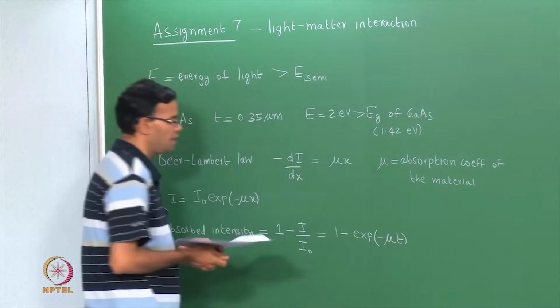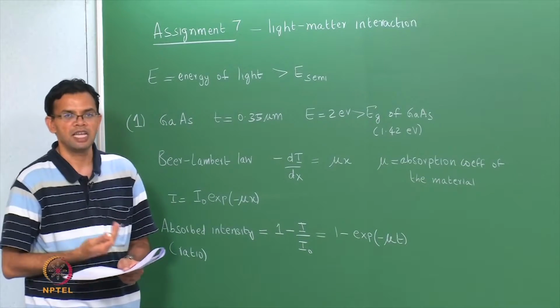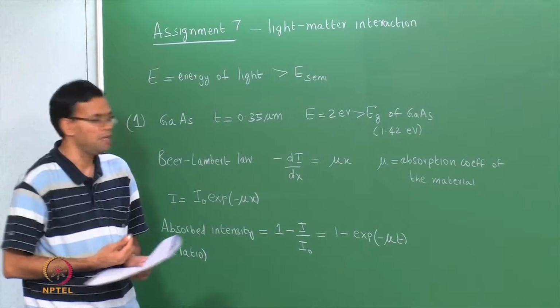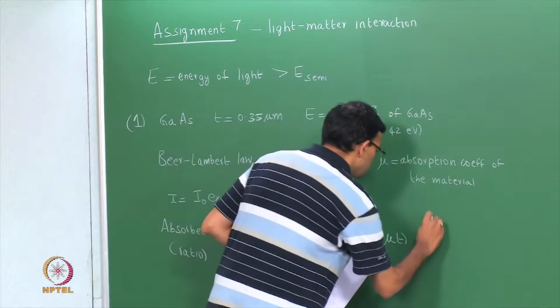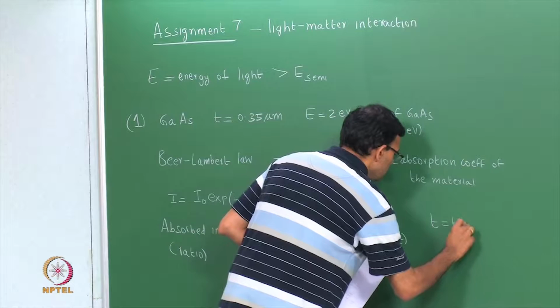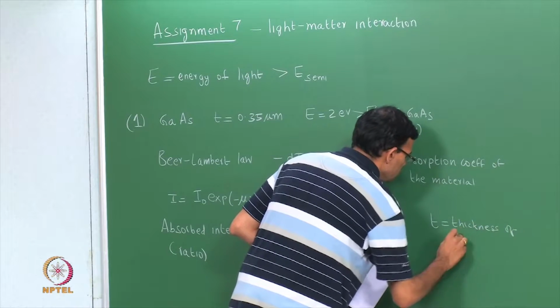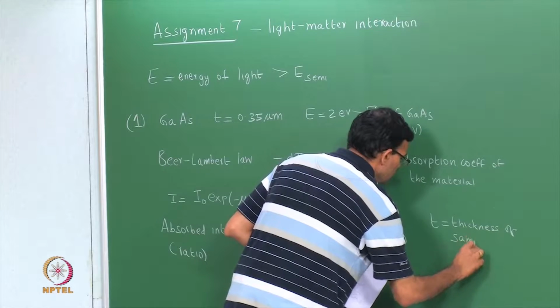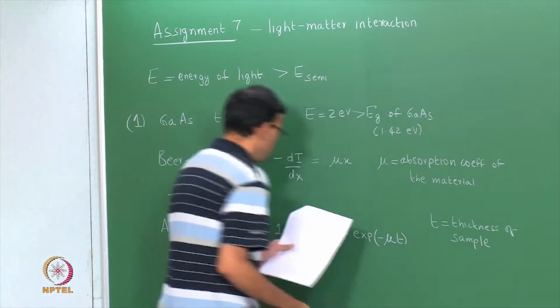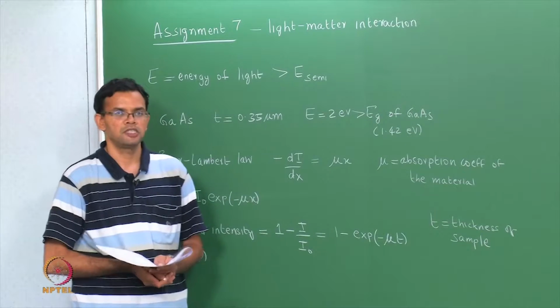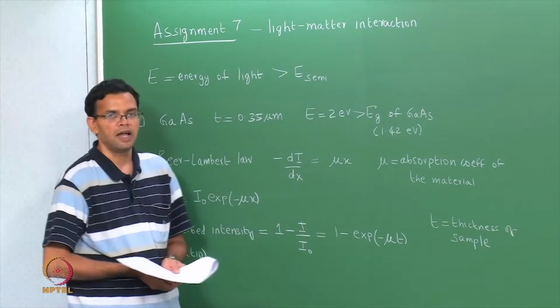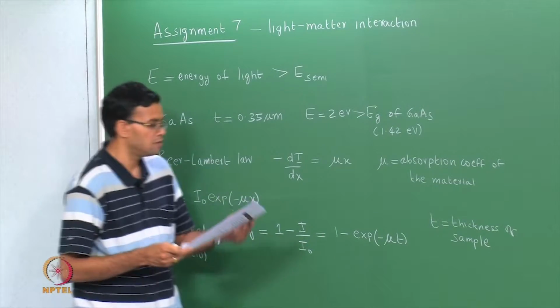In this particular case, we have been given the thickness of the sample. T here refers to the thickness. We can use this expression to calculate the value for gallium arsenide.